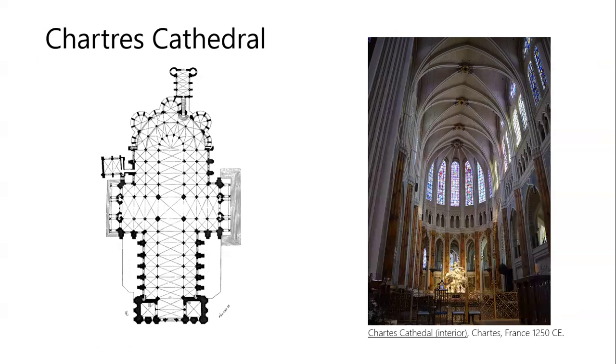The use of both ribbed vaulting and pointed arches allows a whole different kind of vaulting system, because a Gothic ribbed vault can do a lot more than a straight groin vault of two barrel vaults intersecting. With a Gothic ribbed vault, you can connect one vaulting system of one height to another of a completely different height, because with pointed arches, you can stretch them to whatever point you need.